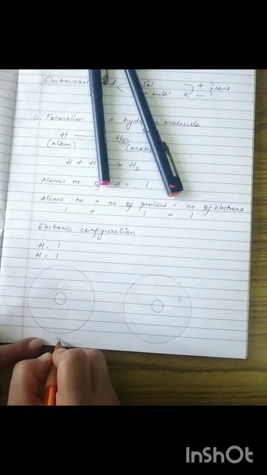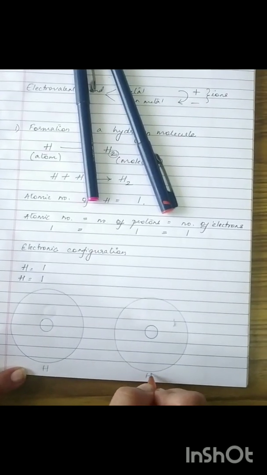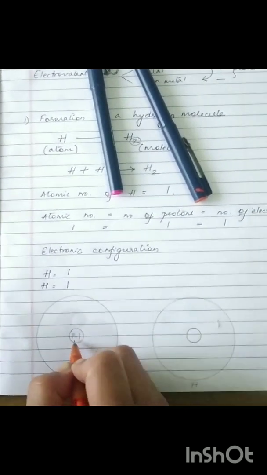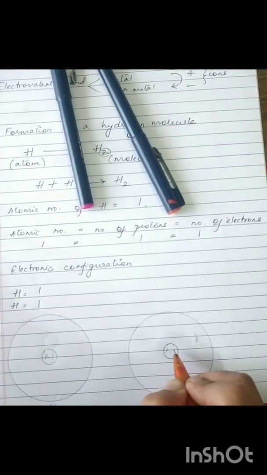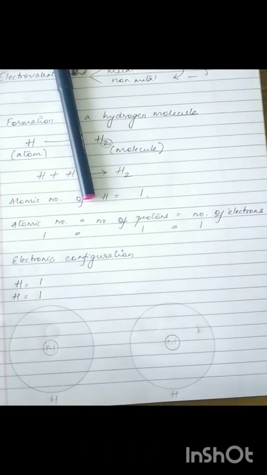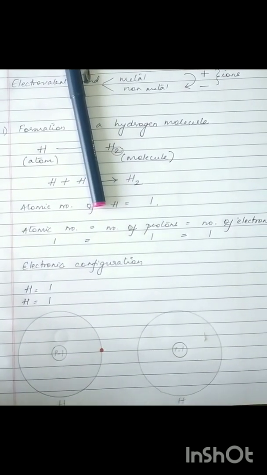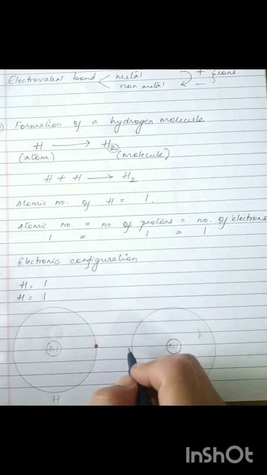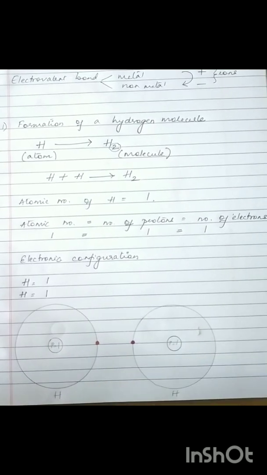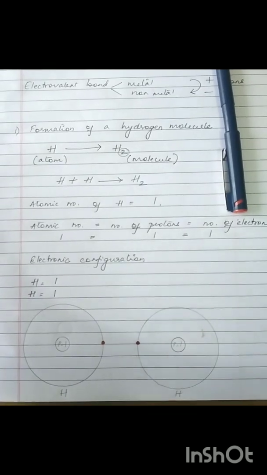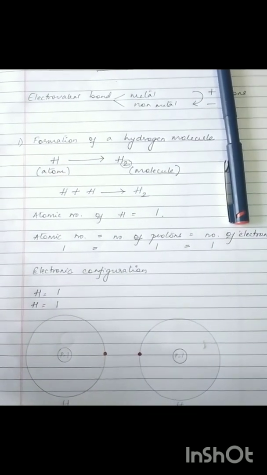So this is an atom of hydrogen, this is another atom of hydrogen. In the nucleus we have the protons, number of protons 1, number of protons 1. So 1 electron here and 1 electron here. Oh, it looks like the same color. So let me use black.